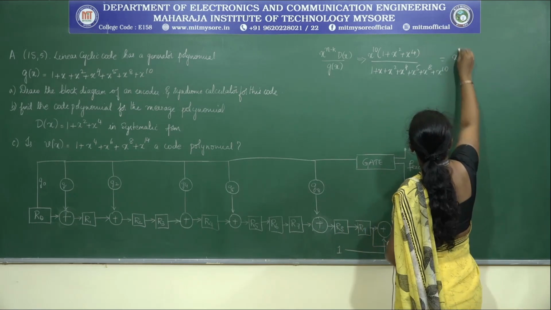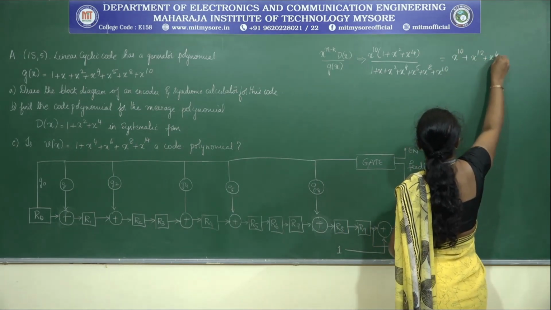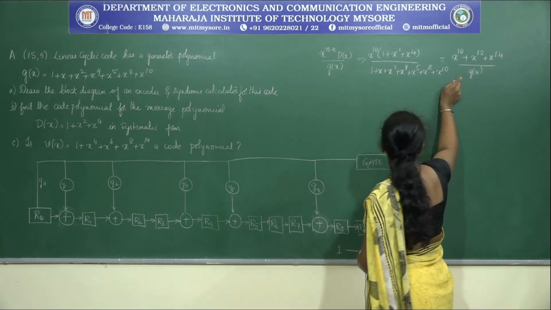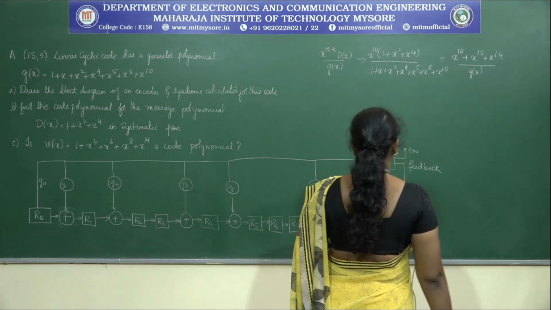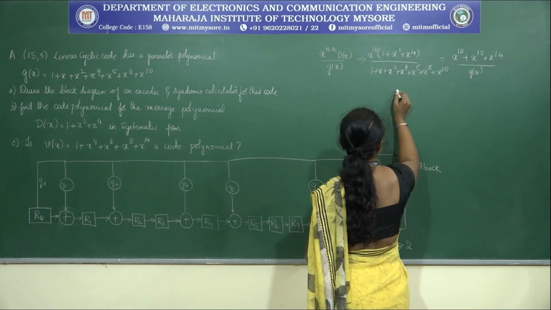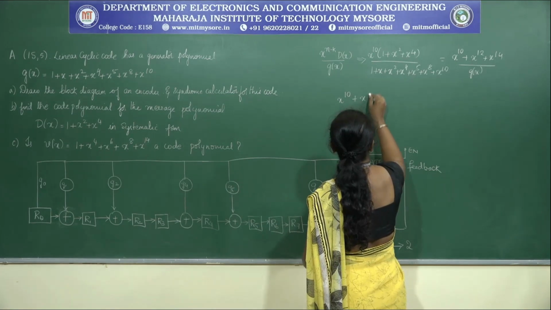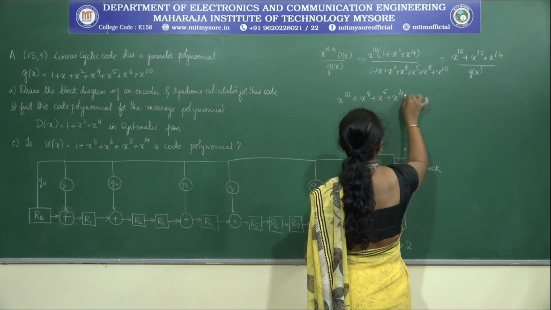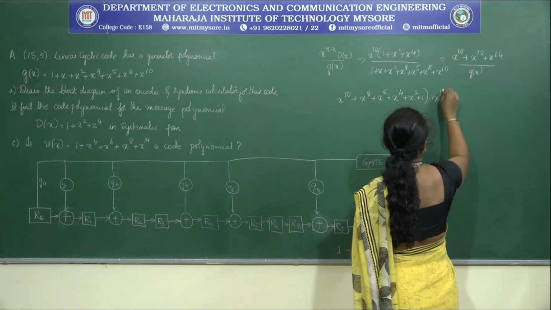So this will be x to the power of 10 plus 12 plus 14 divided by g of x. Now divide by g of x with respect to the numerator. So g of x is x to the power of 10, 8, 5, 4, 14.